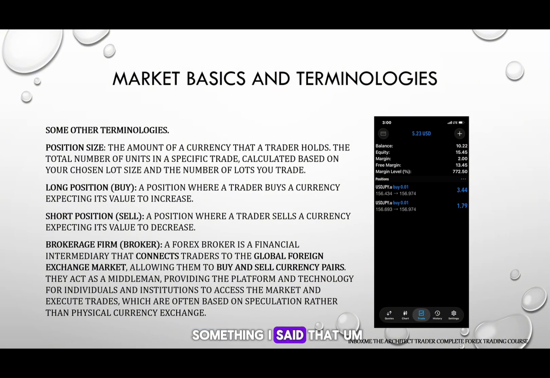I said that a lot size determines the power of my position size. So that means the units of a specific trade have been calculated based on what lot size you chose at that moment, the leverage of your account and stuff like that. So a position is just the number of units of that trade.